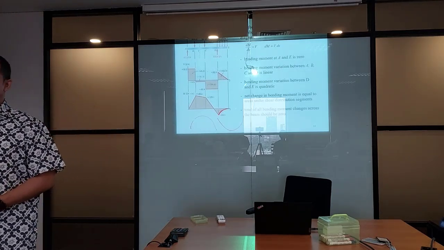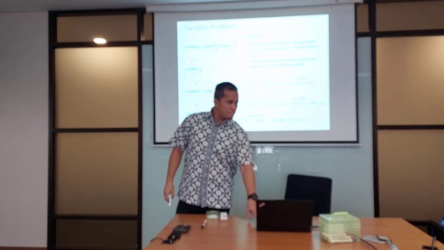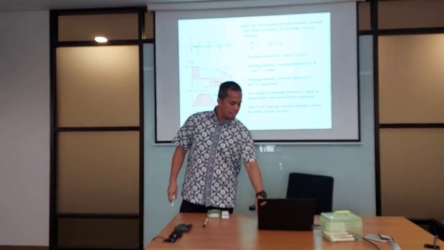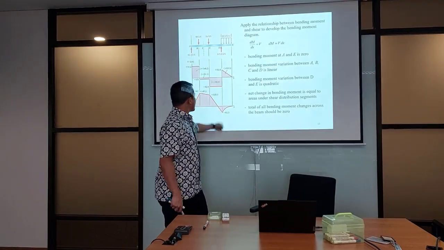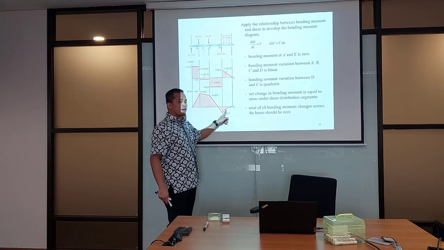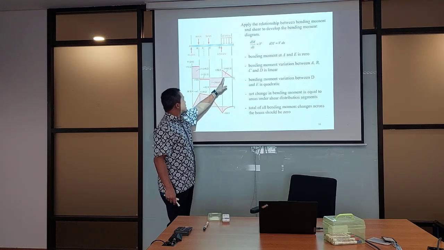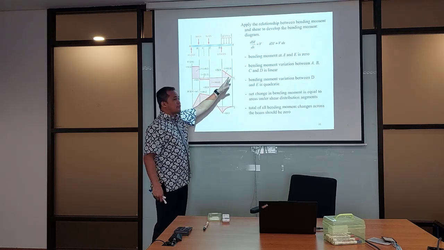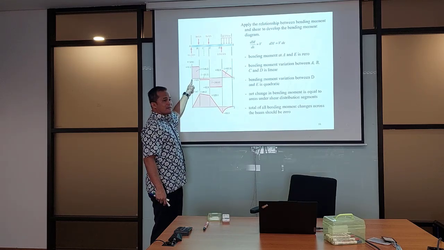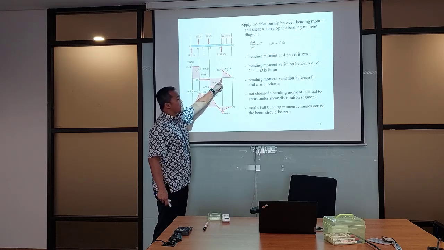We cannot take it from the shear force slope to get the equation, because it will be a function of x, but the x is defined from here. If the x0 is from here, you can.